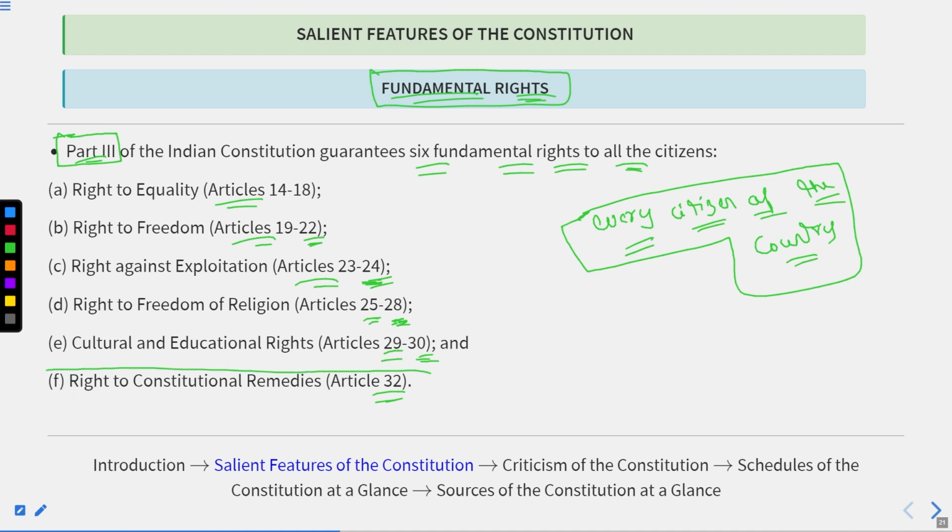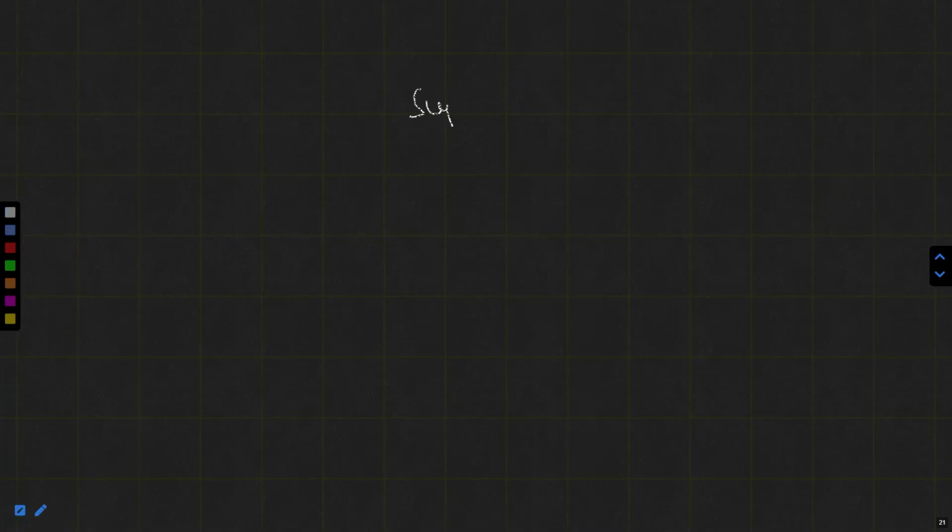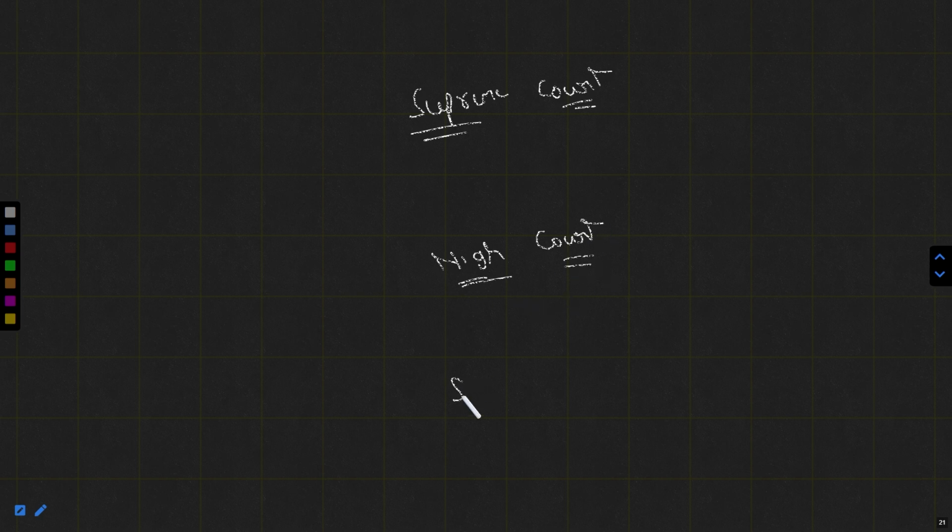And right to constitutional remedies, Article 32, basically stands for the Supreme Court. What does it mean? Suppose, as I have told you, that there is a hierarchy: High Court, then the subordinate court.